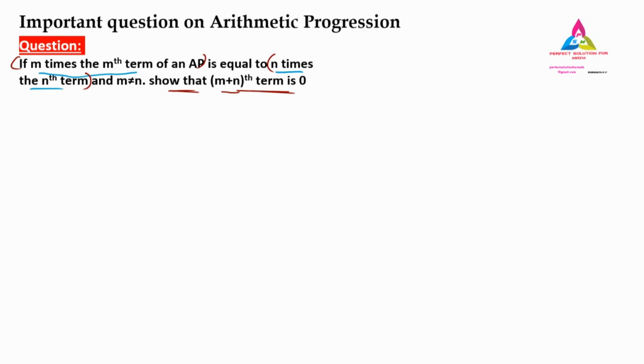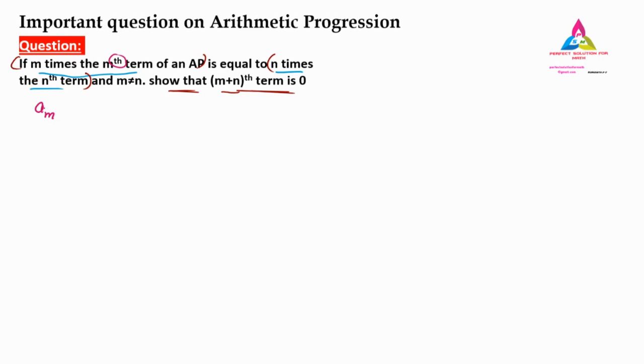So the given thing is m times the mth term. The mth term means a_m. Understood? As I told you in my previous video, if you have "th" on any one of the terms, like m, or 2nd, 3rd, with th, nd or rd, then it is nothing but a_n.